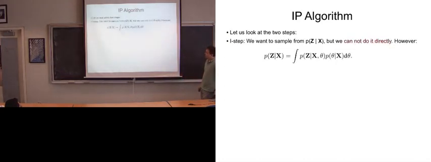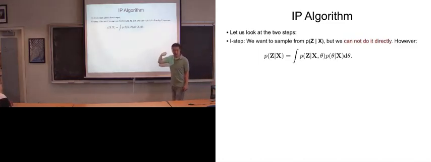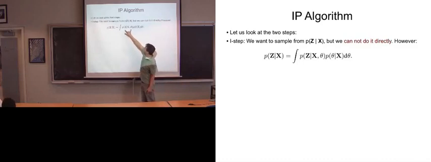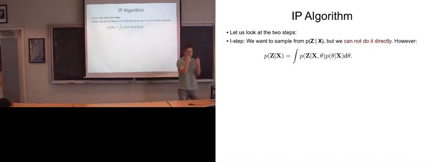Let's look at the two steps. In the imputation step, you want to sample over the latent variables, but with parameters marginalized out, and we cannot do it directly. That's the definition: this is the posterior given the parameters, there is a posterior over parameters, and you're integrating over parameters. So here you draw over the latent variables with parameters integrated out.